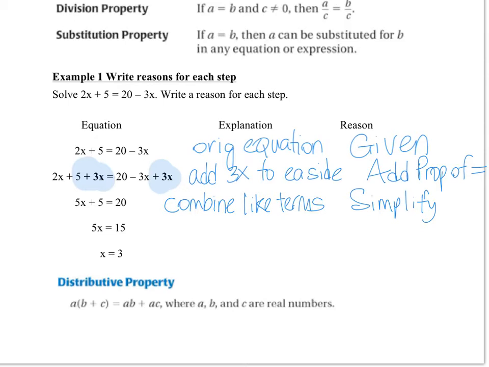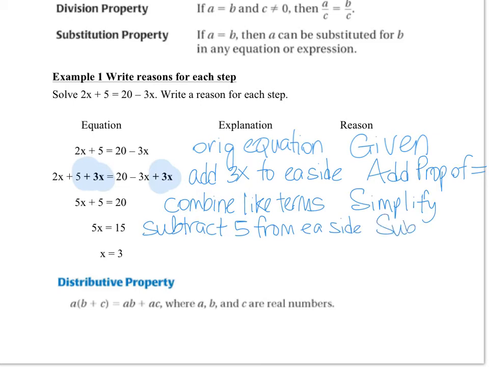Then what's happening? Well, I can see that the 5 is missing, so I'm subtracting 5 from each side. So what is that? That is the subtraction property.